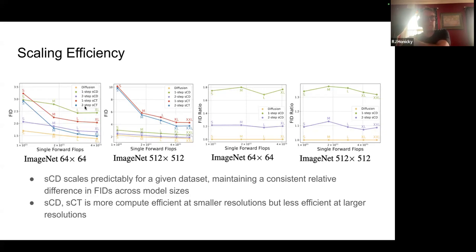The distillation doesn't do quite as well as the training, but neither of them do as well as the diffusion teacher, including the one that was trained from scratch. And you'll see also, interestingly, that the two-step trained model does worse in the smaller models, but better in the bigger models.